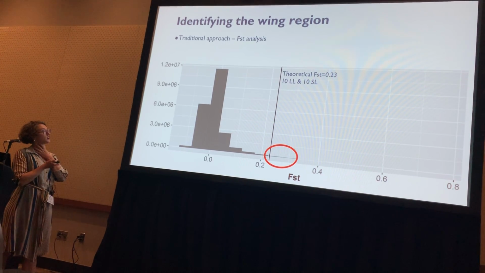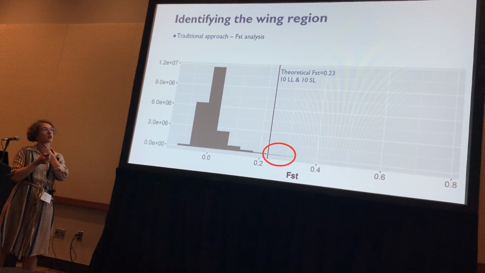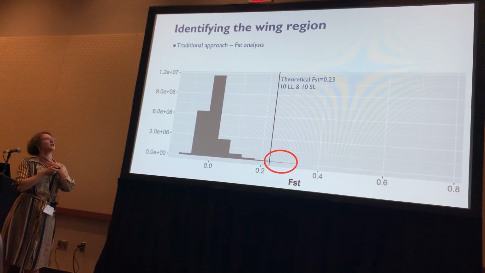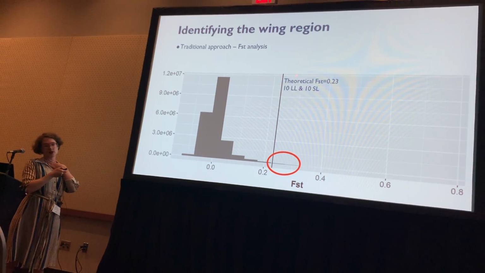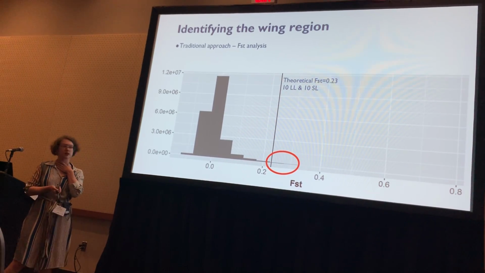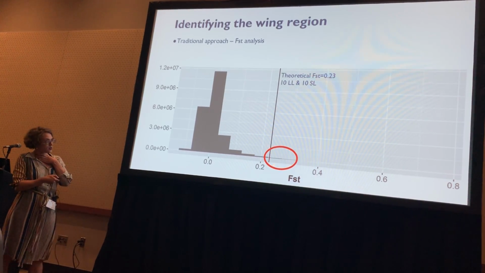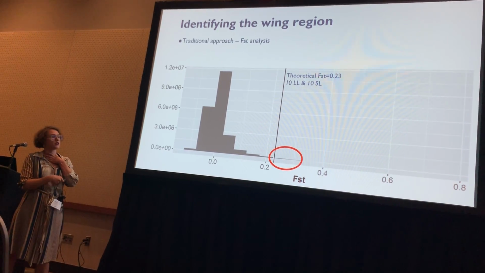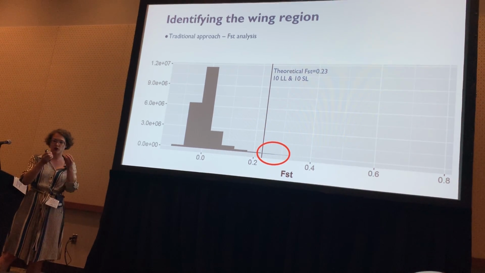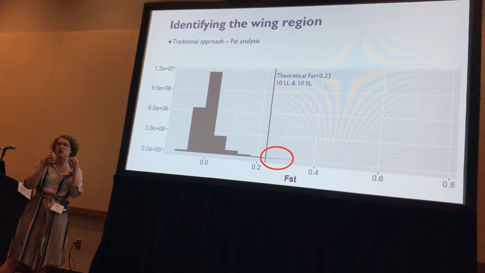So then we calculated the theoretical FST for 10 homozygous individuals for the long ones and 10 heterozygous for the short ones. But it's still a very small number of SNPs, and if you really look into it, we don't see a clear pattern. Here we are really looking for the right scaffolds. It's not an estimation, we really want to know the region.